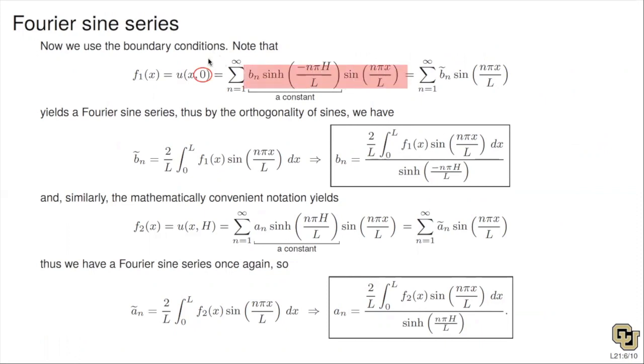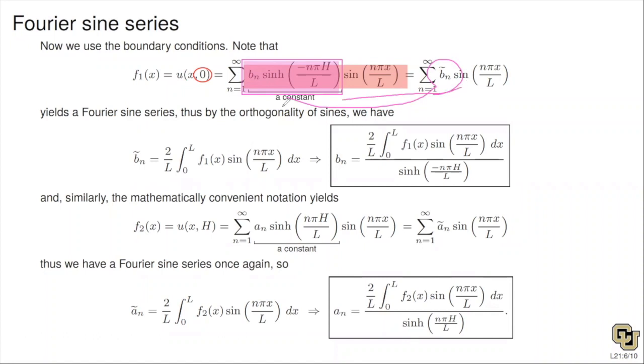And if you take a look at all of this stuff here that's being multiplied to the sine n pi, b sub n is a constant. N, pi, h, l are all constants. So this whole term we can just think of as another constant, call it b sub n tilde. And so now we have a Fourier sine series.